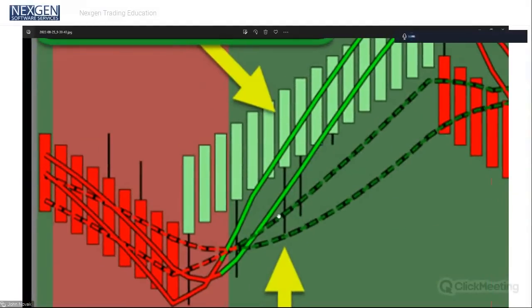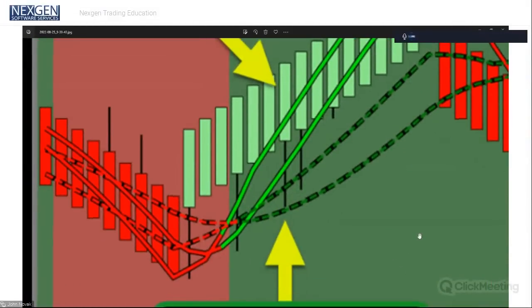Now, when you dissect this picture further, where is the first spot? Let's say you were only looking at small triggers. Just hypothetically, where's the first place you can go long? Right here, right? So you could literally get long over here, couldn't you?